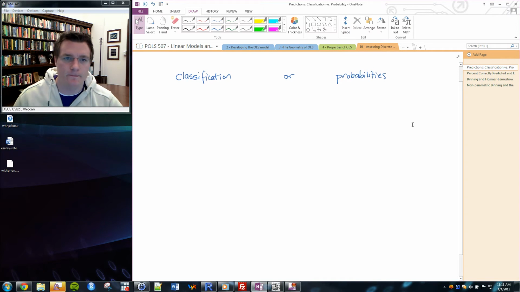So a classification problem is one where we're trying to sort data into one of two categories. If we have a dichotomous dependent variable, y can equal 0 or y can equal 1.